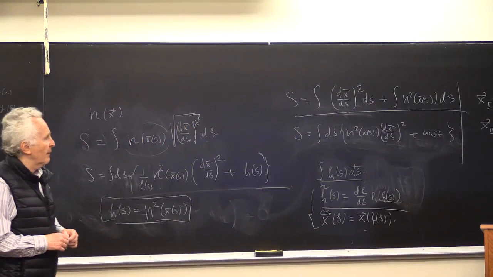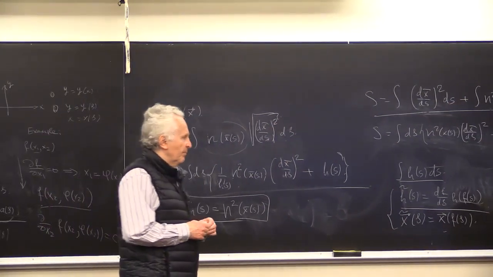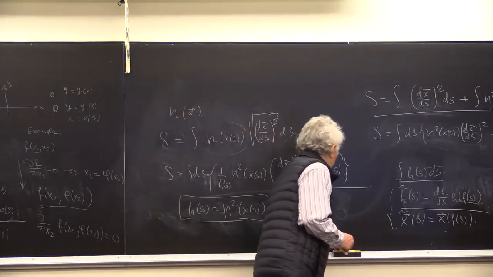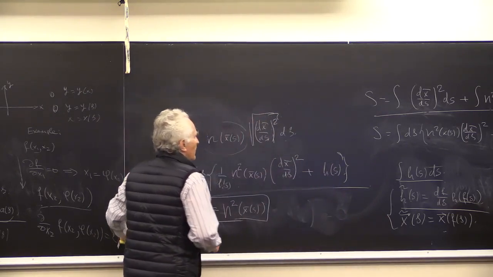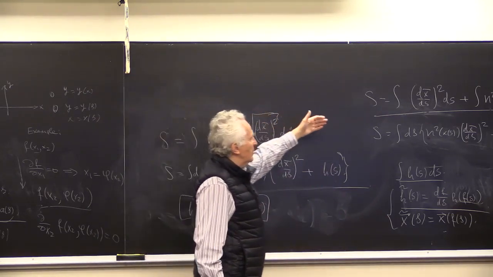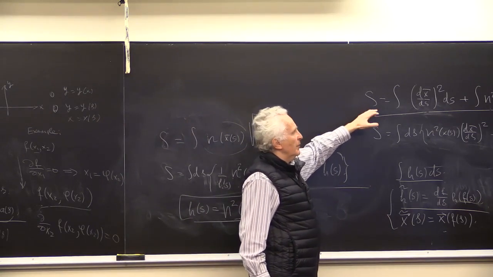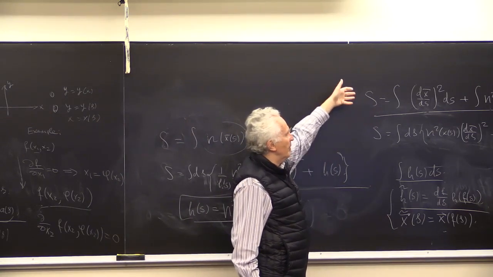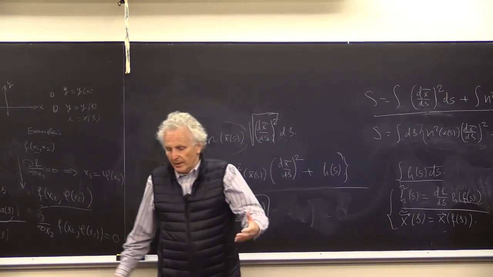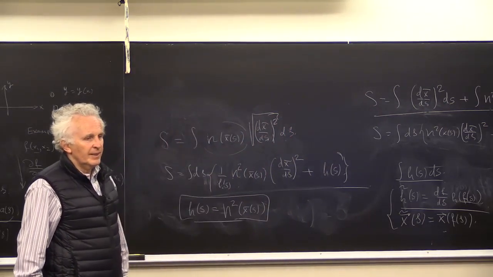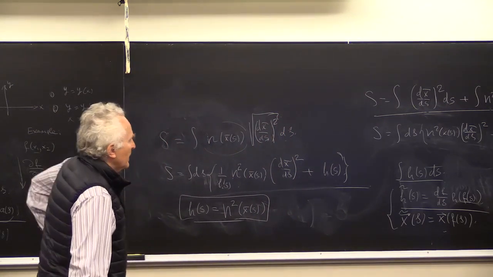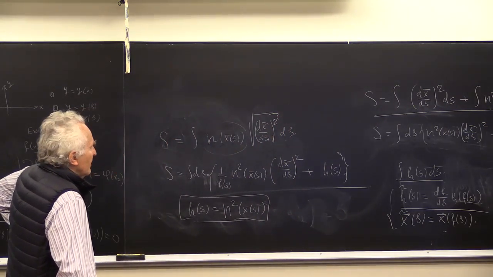Remember, I choose the gauge, so the first term is very much like the kinetic energy. So what is the potential energy? Negative squared.